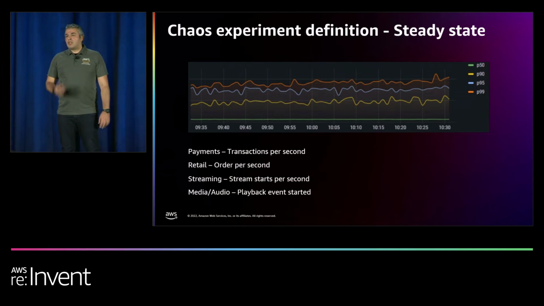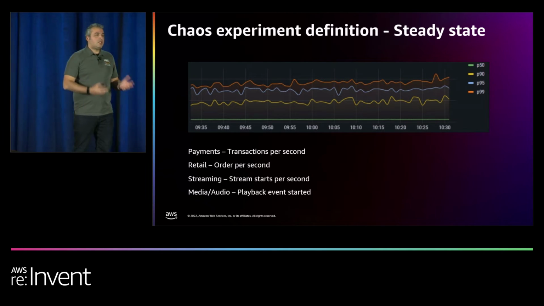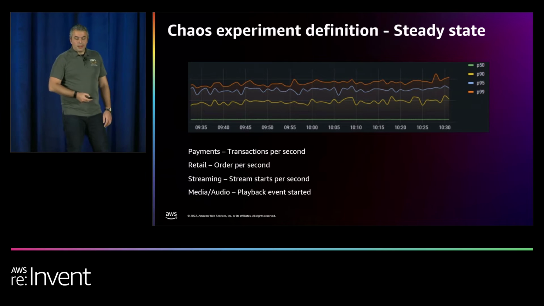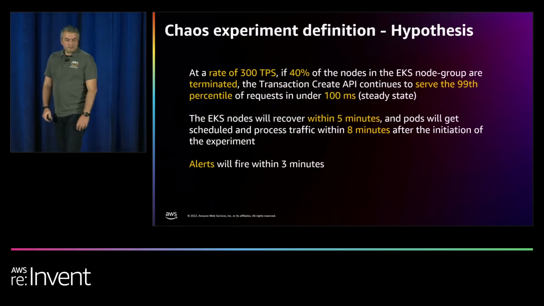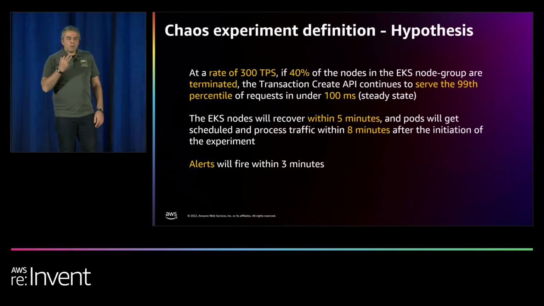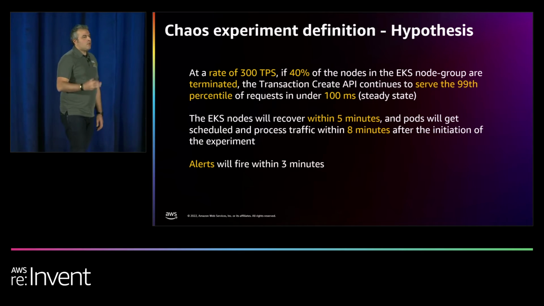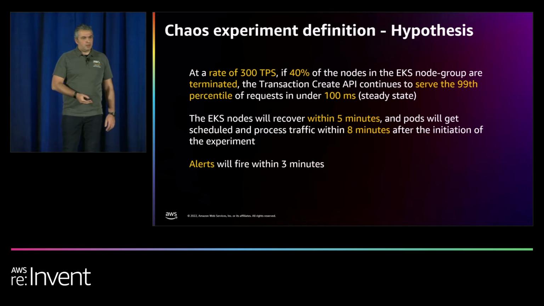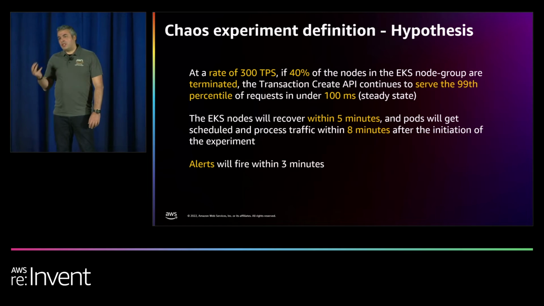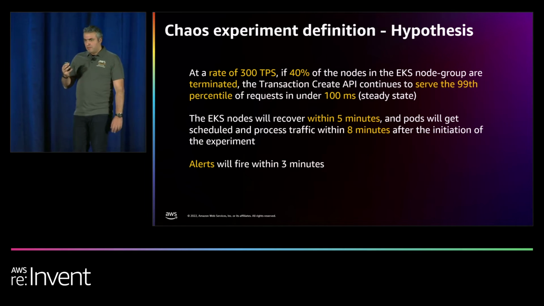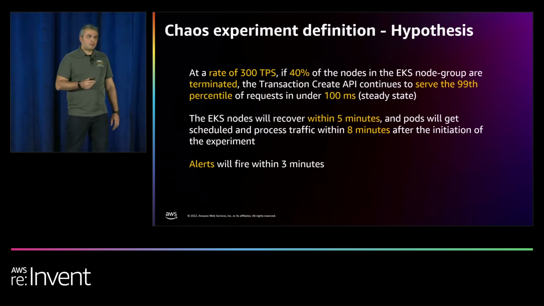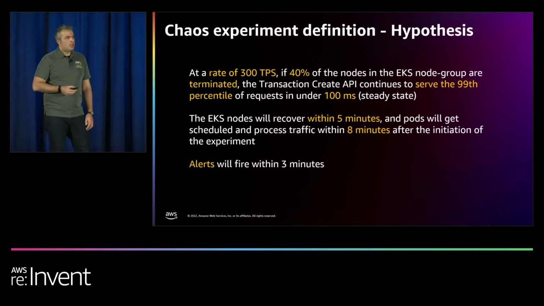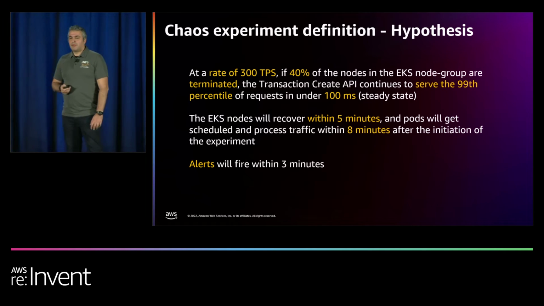Now, once we understand what that steady state is, we're going to think about the hypothesis. And so the hypothesis is key when you're thinking about the experiment, because the hypothesis will define at the end, did your experiment turn out as you expected? Or did you learn something new that you didn't expect?